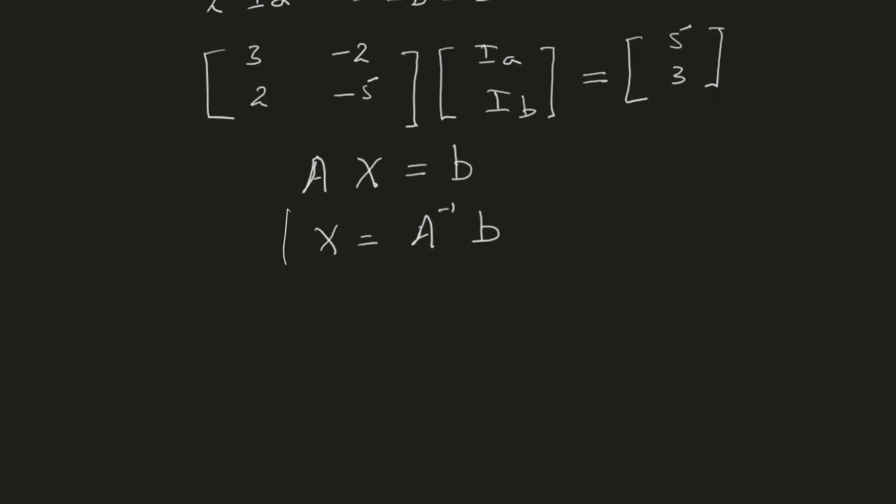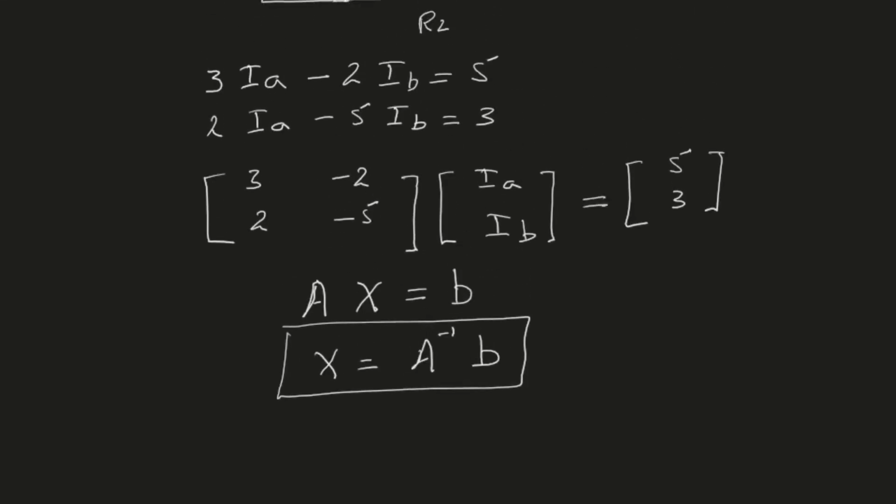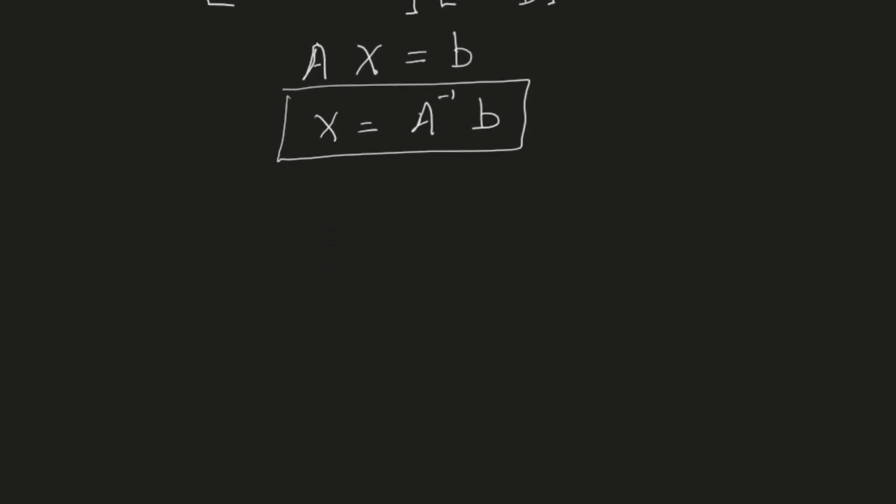And this equation, we can solve either using a calculator, or using any other software. So I have done this for these two equations using MATLAB, and the value of x is 1.727, and the other one is 0.0909.